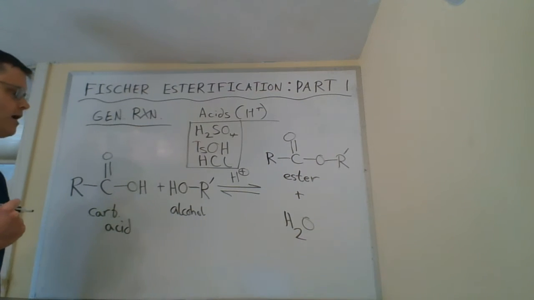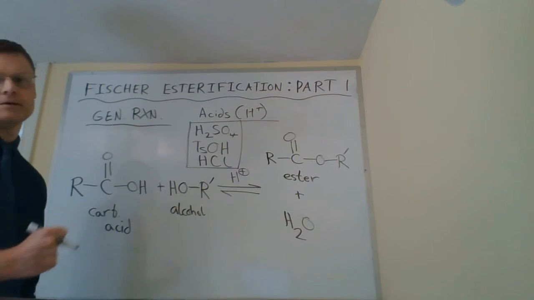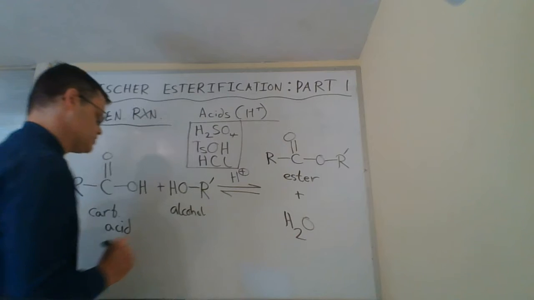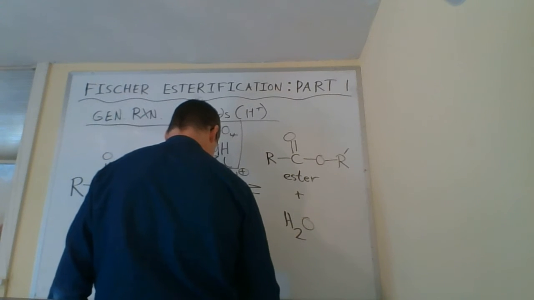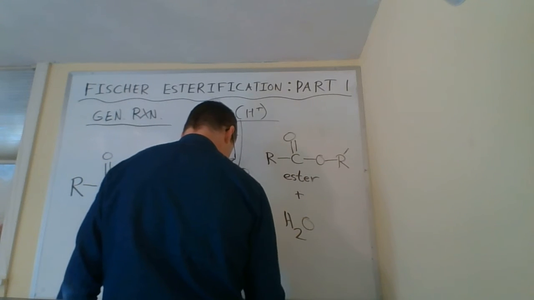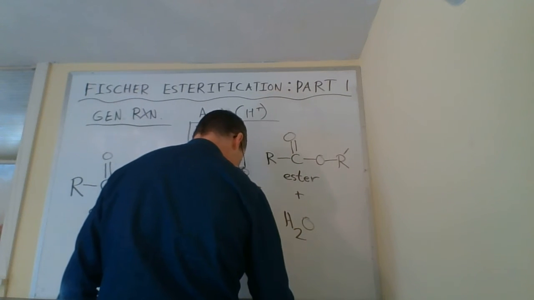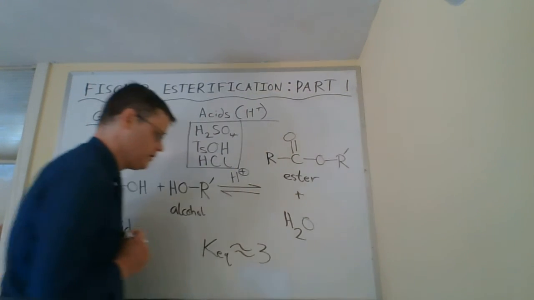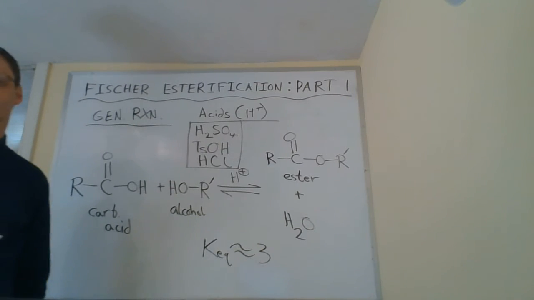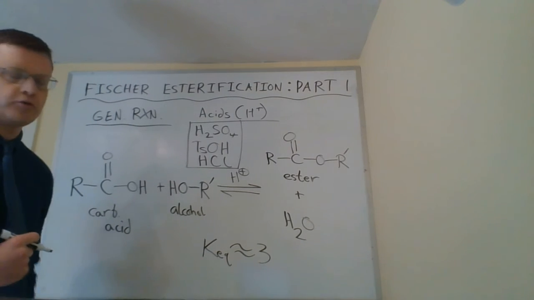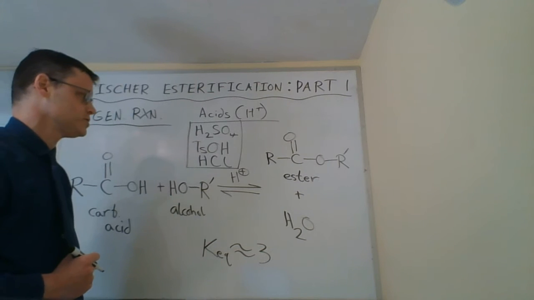Another thing that I will probably talk about more in a future video is that this is a reaction where the equilibrium constant is fairly close to 1. Our textbook says 3.38 for some Fischer esterification.